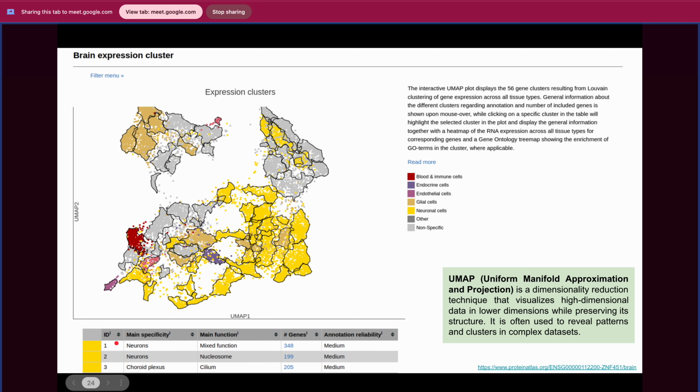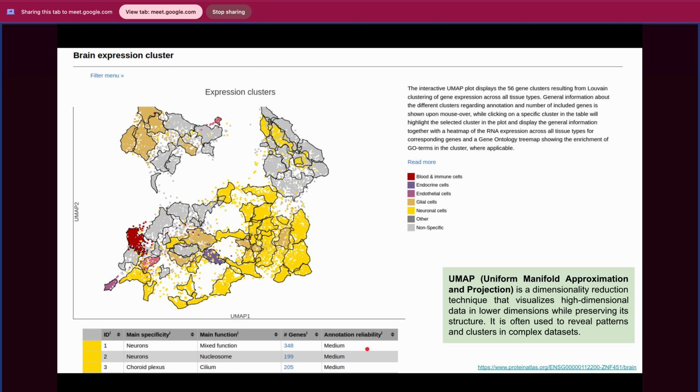Now at the bottom, if you further scroll down, you'll find these IDs. These are the cluster IDs, and then the main specificity, which will tell you which region of the brain or which particular tissue it is majorly or specifically expressed in. And then the function, mixed function, and the number of genes which are present, and then their annotation reliability.